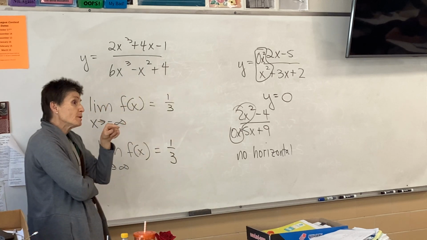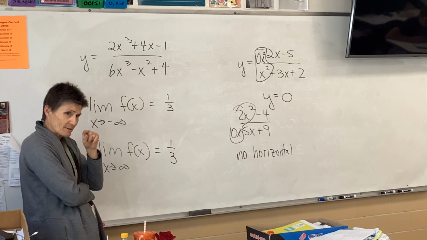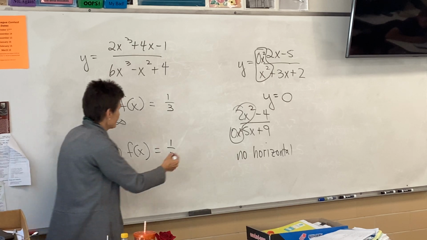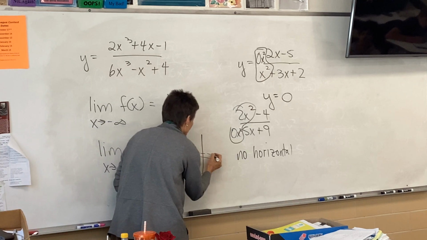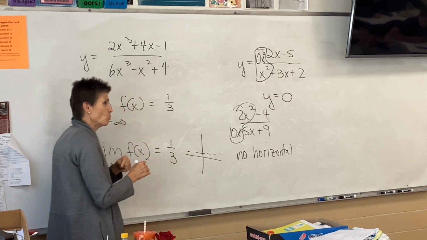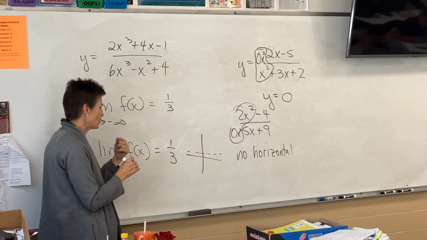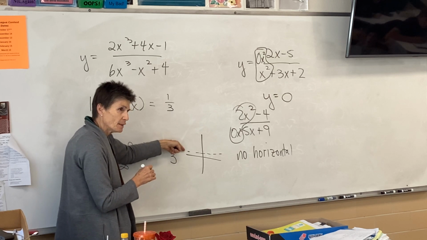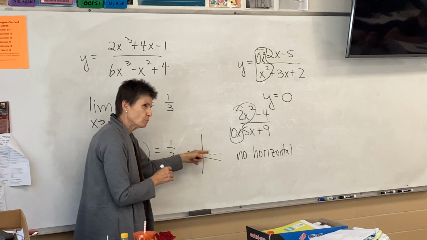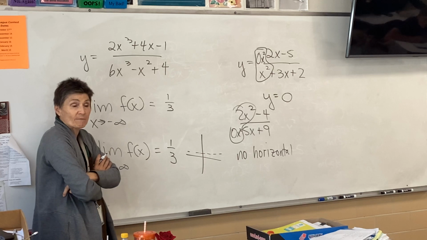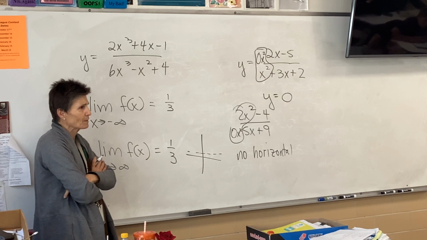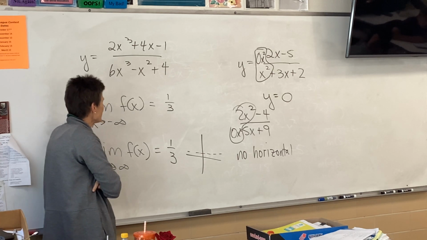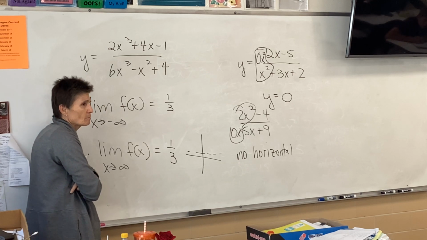Now, would you guess that if we graphed this, so here's 1/3, on one side of the picture it's coming in from the top, and on the other side from the bottom? Would that make sense to you based on just the very few that we've sketched already? How do you think we can figure that out?